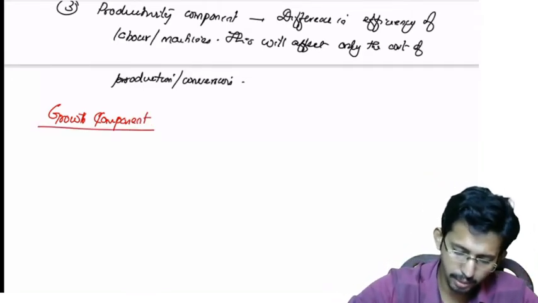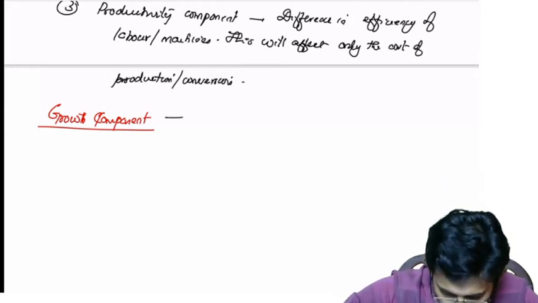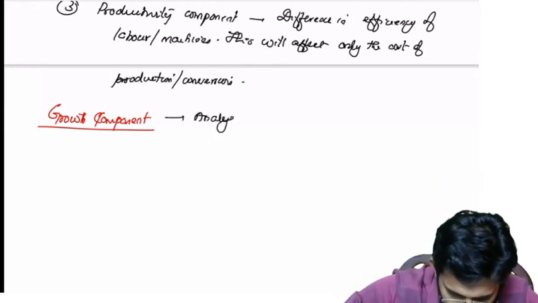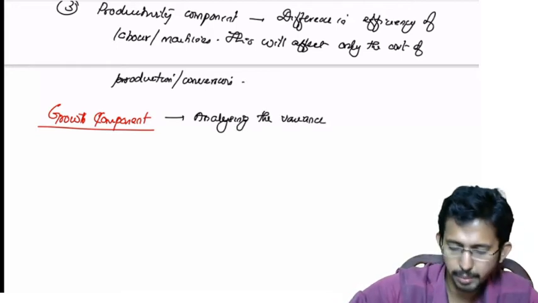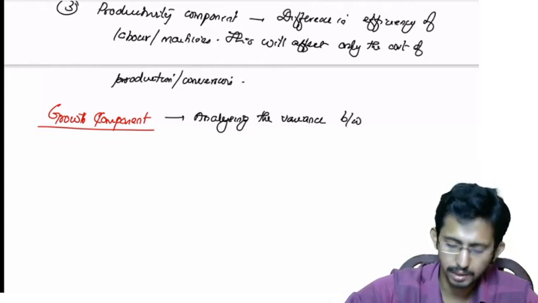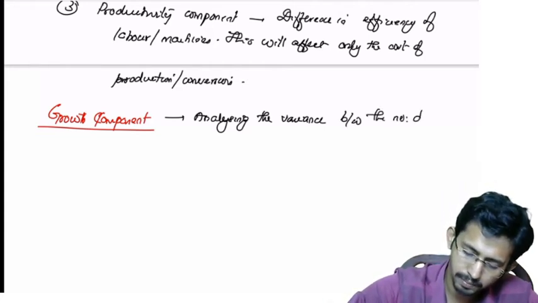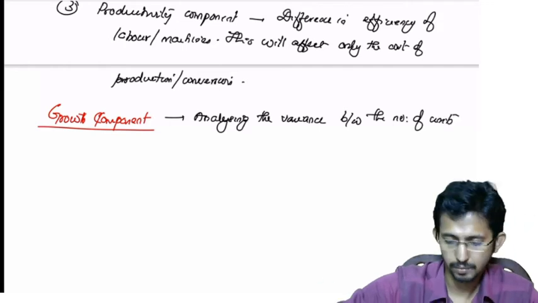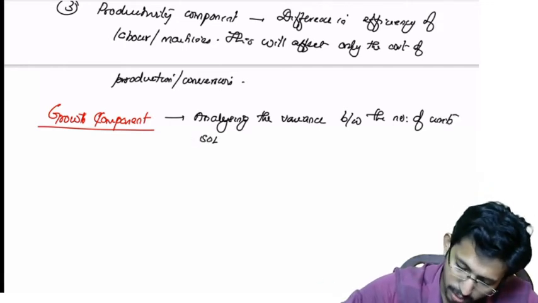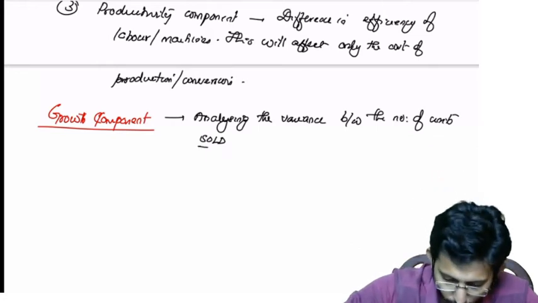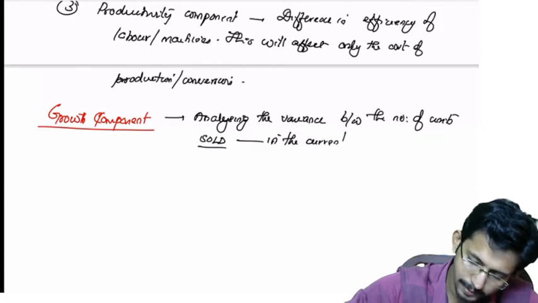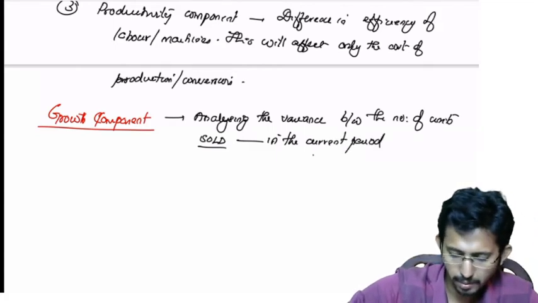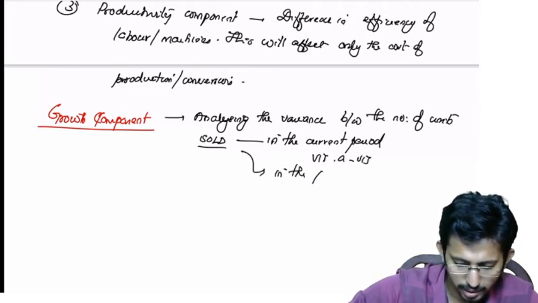Okay, now in growth component we are analyzing the variance between what? The number of units sold in the current period, vis-a-vis, we have already written this, in the previous year.